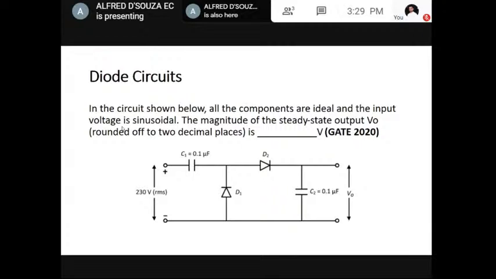Whenever you find this kind of circuit, where you have two capacitors and two diodes connected like this, this is nothing but a voltage doubler circuit.